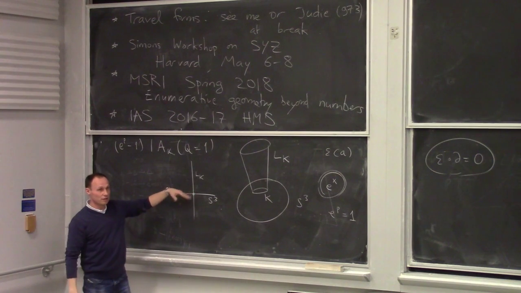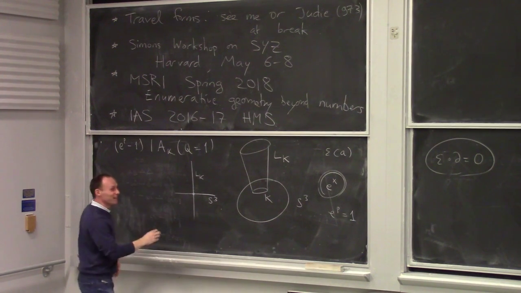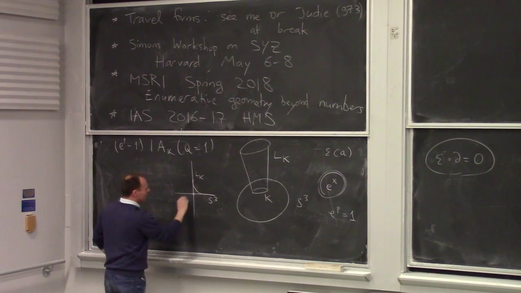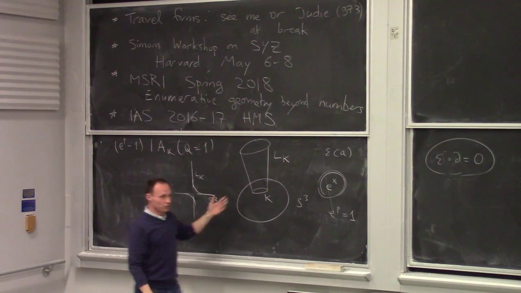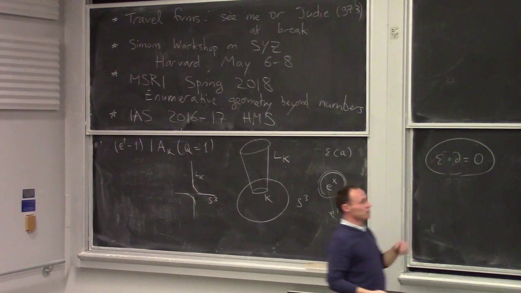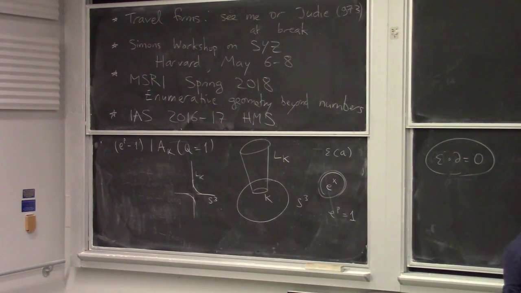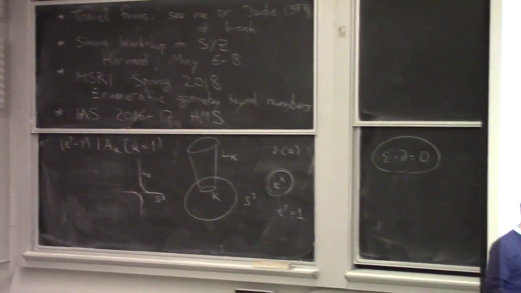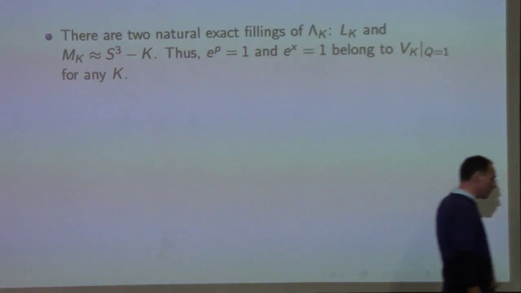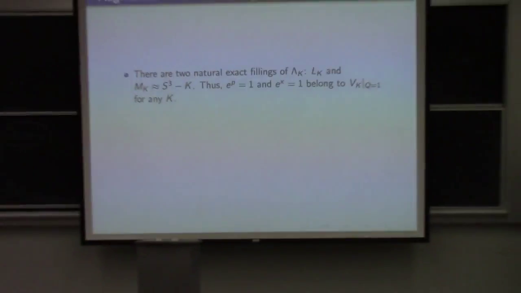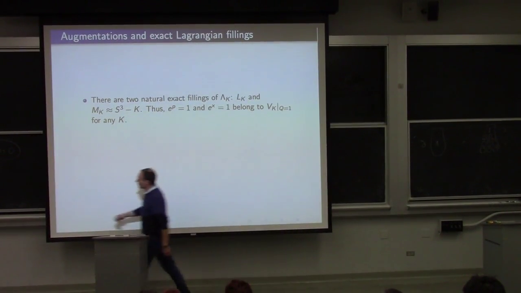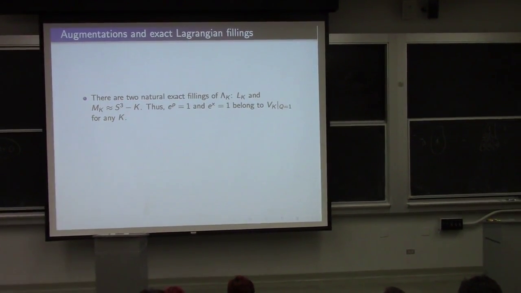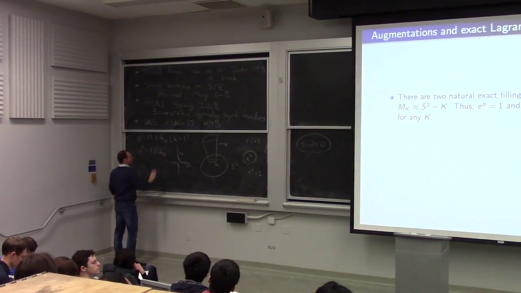I'm dropping some dimensions. So you can smooth it like so. So basically, what you're doing is you're drilling a hole, and so you find another exact Lagrangian filling, which has the topology of the knot complement. And in particular, in this filling, the longitude x is killed. And so it's also the case that e^x divides this augmentation polynomial.